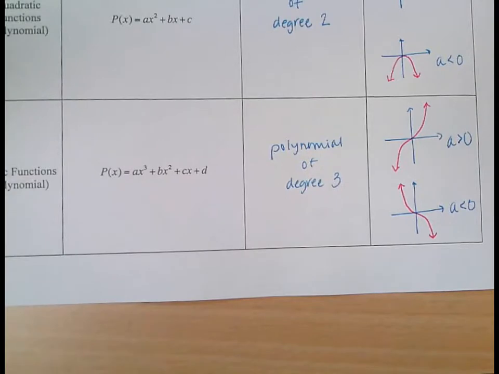So again, the whole goal behind going through all of these types of functions is making that connection between what the function is, what the equation looks like, and then what the graph looks like as well. So if you see an equation, you can just picture in your mind the general shape of the graph.